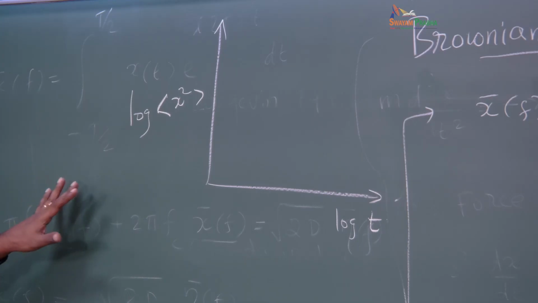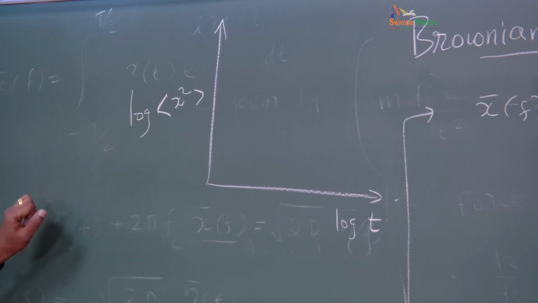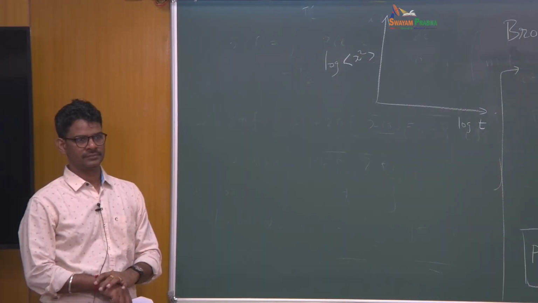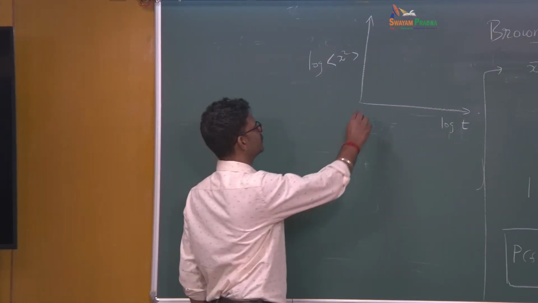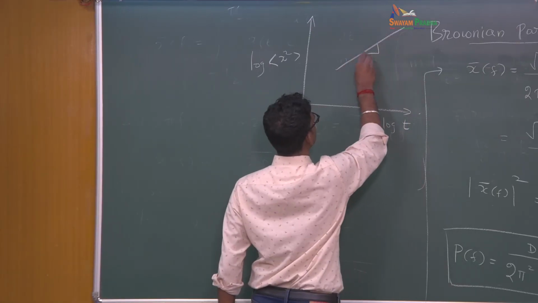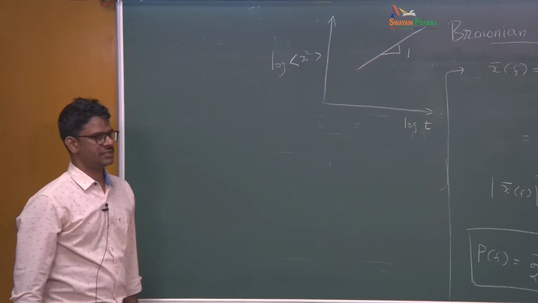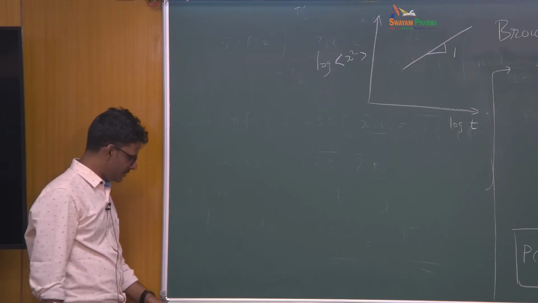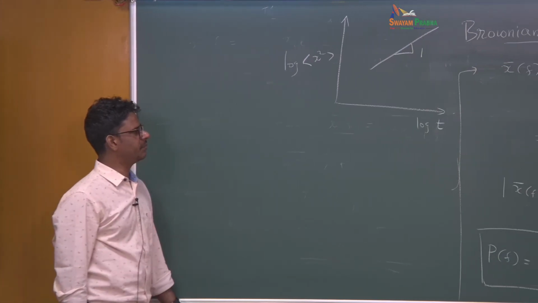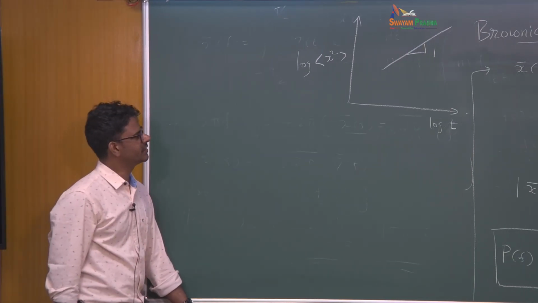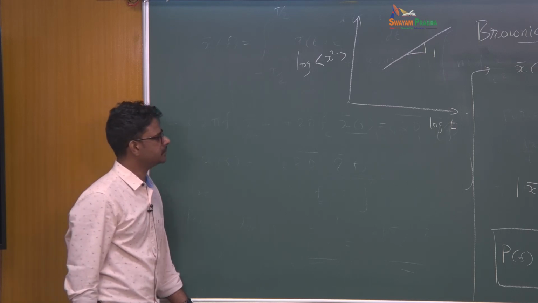What's the slope of this line? It's 1, yes. Okay, so you should see something like this. So this is what the overdamped Langevin free Brownian particle's mean square displacement looks like.